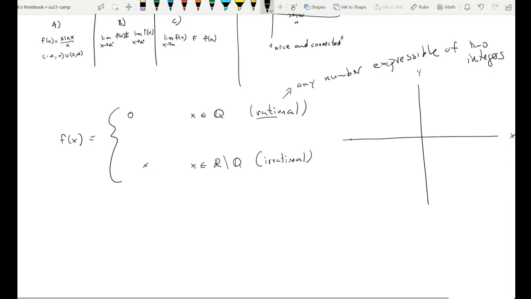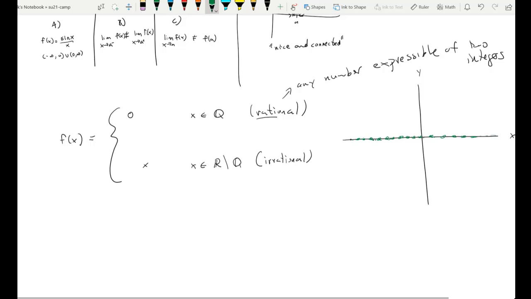So we define our function to be 0 for every such number. You can imagine the number line being peppered with these. There are holes, because between every rational there are also irrationals.